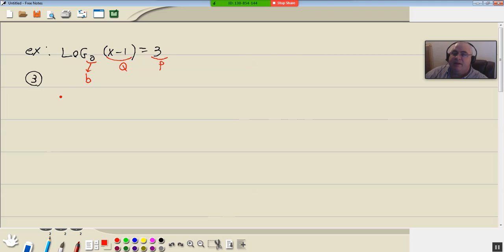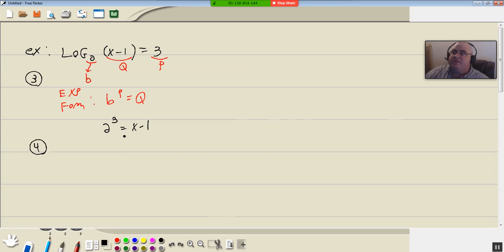p. Now our exponential form is b to the p is equal to q. So we plug in what we identified. b is 2, p is 3, and q is x minus 1.